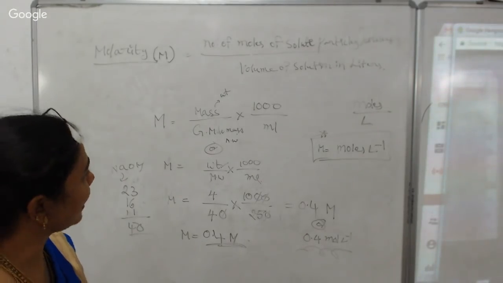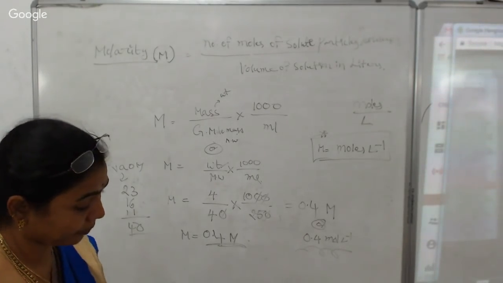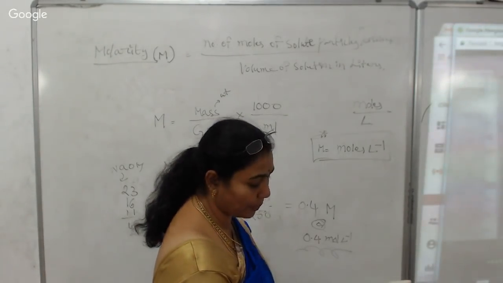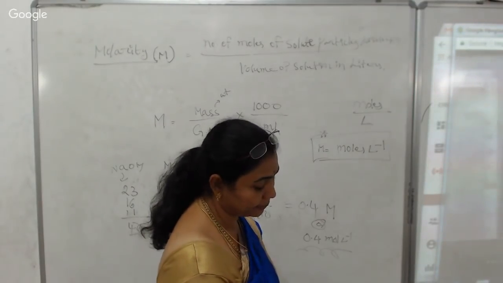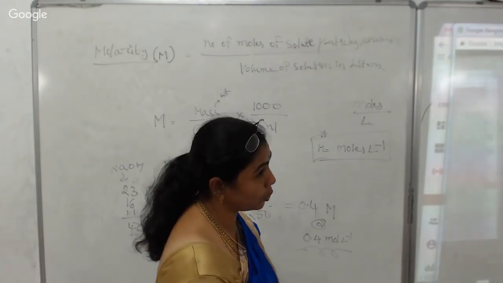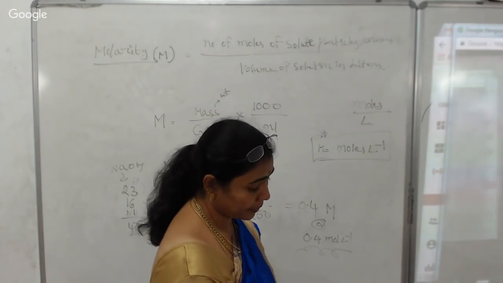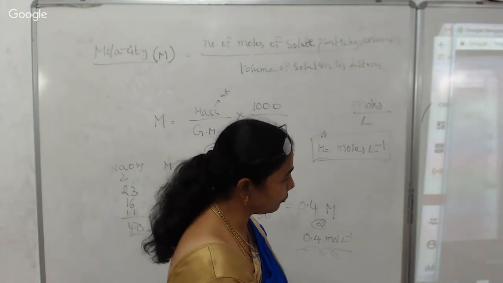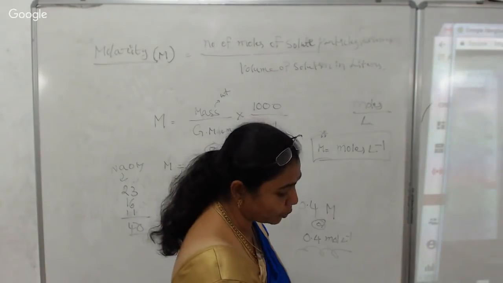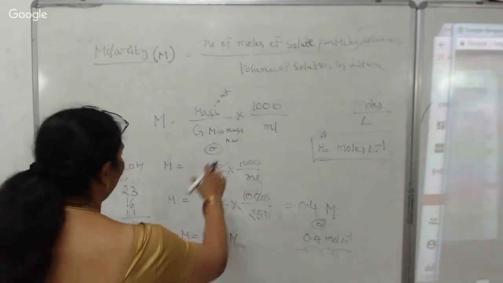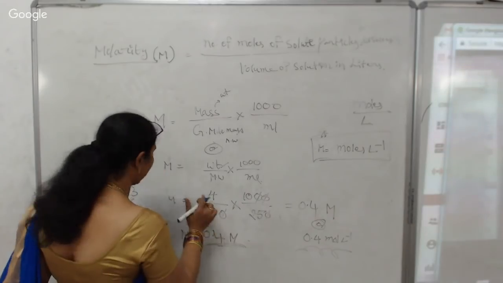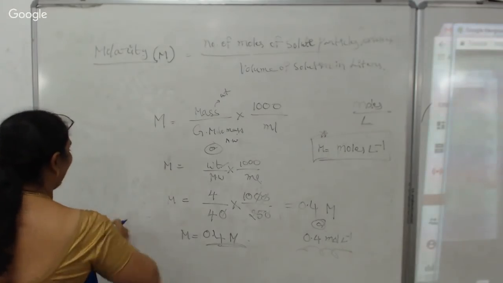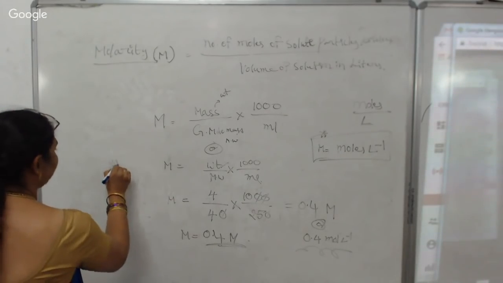Now the same numerical problem, see page number 20, problem number 1.7. Instead of sodium hydroxide, you can take sodium carbonate, Na2CO3. The remaining part is the same: the solution prepared by dissolving 4 grams in enough water to form 250 ml. Here you write weight by molecular weight for sodium carbonate.